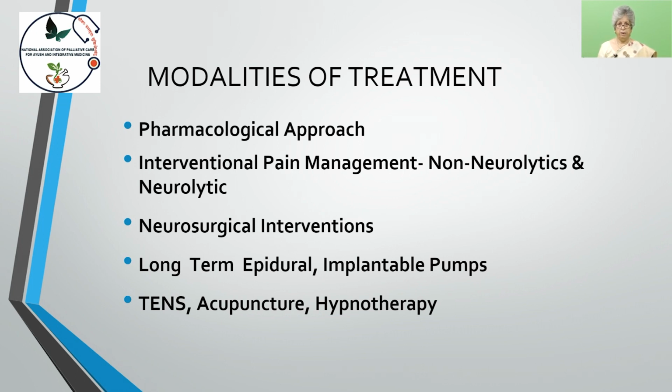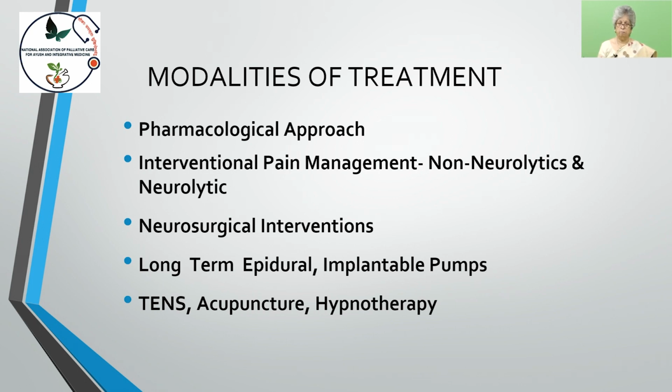On our back there are vertebrae, inside that there is a spinal cord, and this spinal cord is covered by layers. If you inject a drug between these two layers, which is called epidural, then that will numb the nerves which are coming out from the spinal cord, and it will give pain relief.